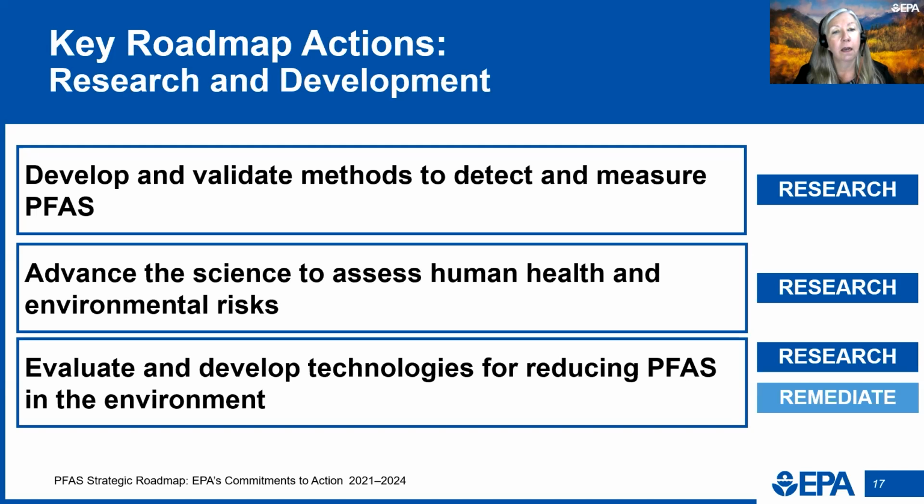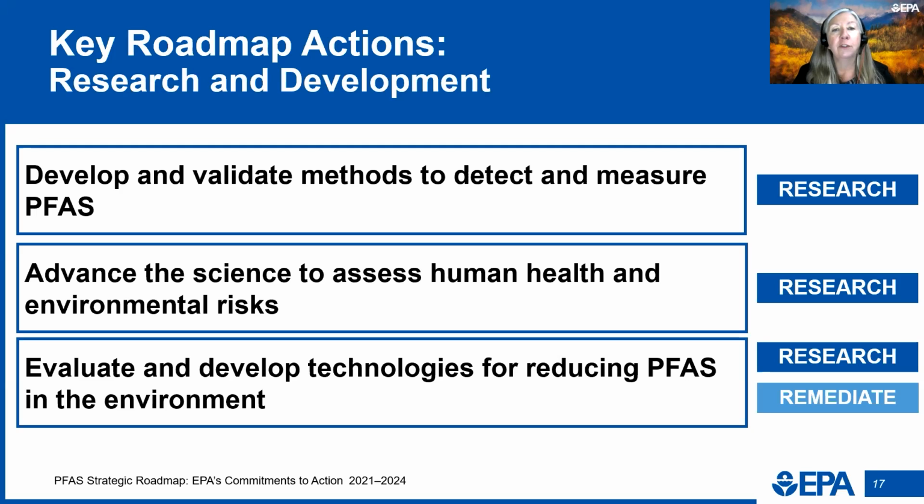Our scientists are developing human health toxicity assessments for additional PFAS compounds, compiling and summarizing available and relevant scientific information, identifying PFAS sources, the way PFAS move in the environment, and the pathways by which people can be exposed to PFAS, and characterizing how PFAS exposure may contribute to cumulative impacts on communities.